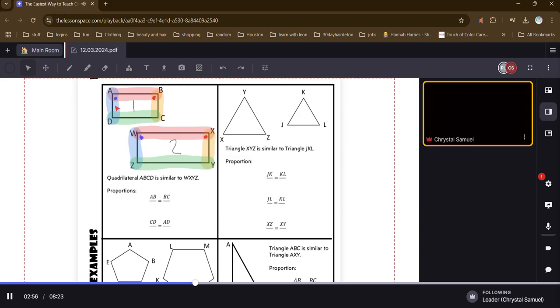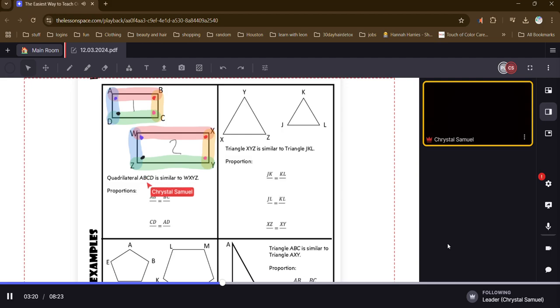Angle C, I'll make it pink on mine. Y will also be pink. And then for lack of color, I'm going to make D as black and Z as black. So everything's labeled. That'll work for me. You label it how you would like to label it.